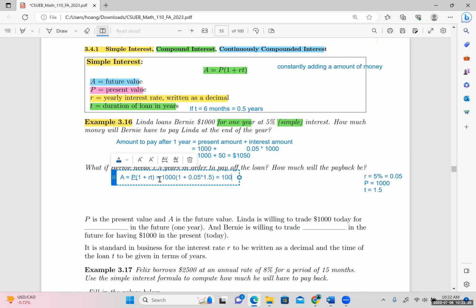So you have 1,000 times 1.075, which gives us $1,075. Okay, so that's the way we calculate simple interest.